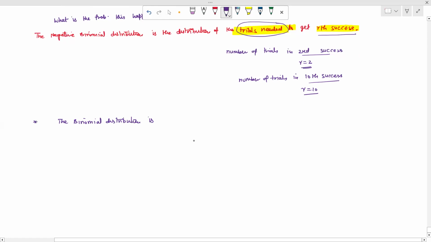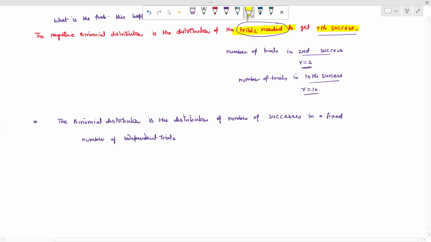The binomial distribution is the distribution of the number of successes in a fixed number of independent trials.